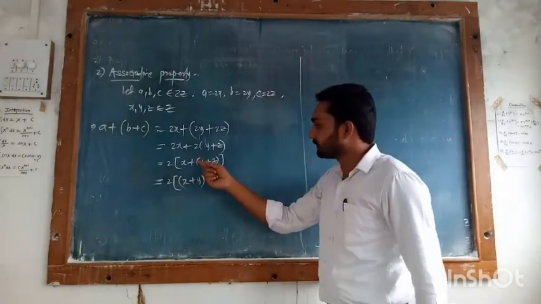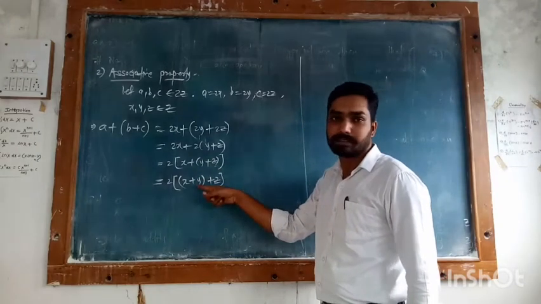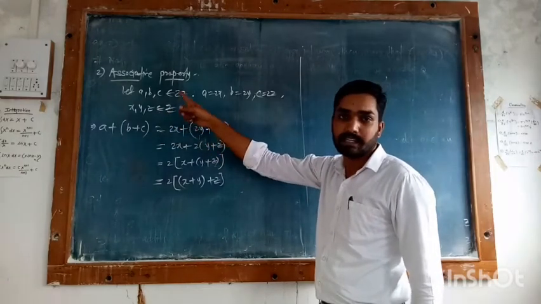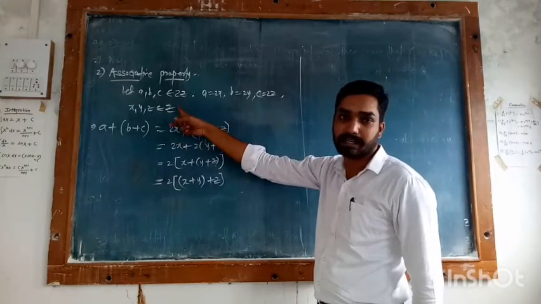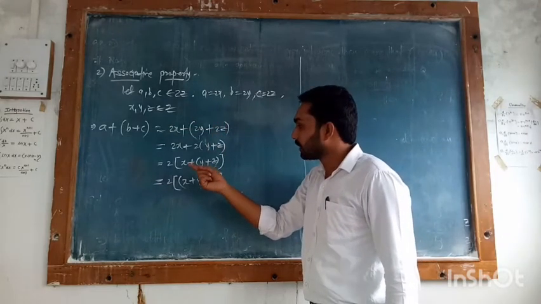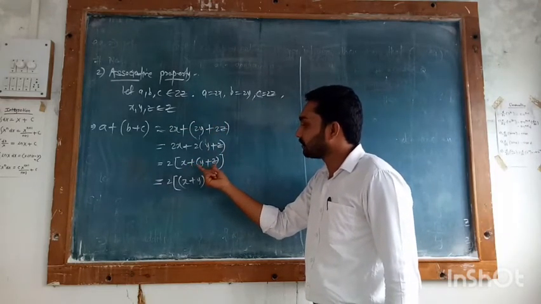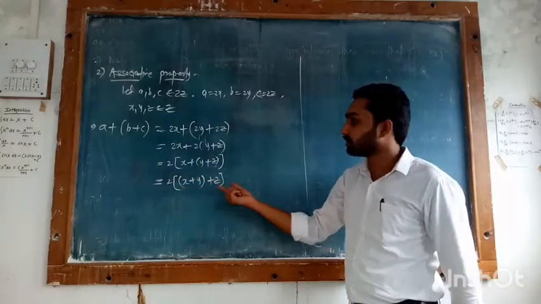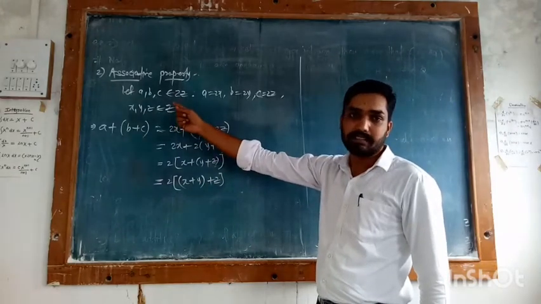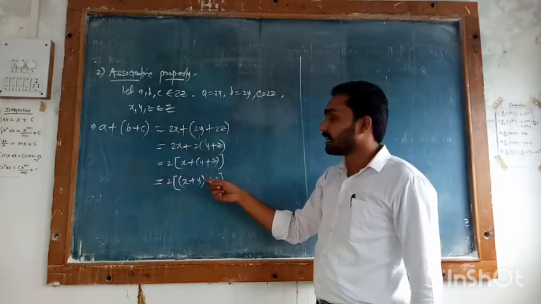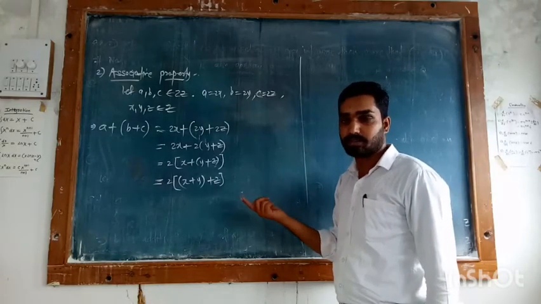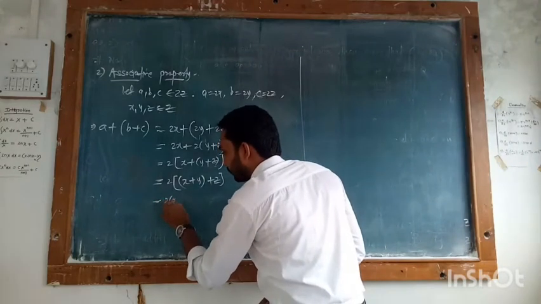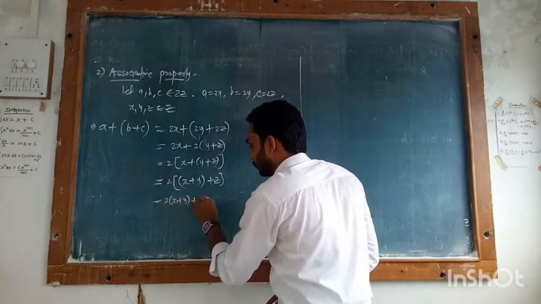Because x, y, z are members of the set of integers, and the set of integers is an abelian group, it satisfies the associative property. By using this associative property, we can derive directly as (x plus y) plus z, because x, y, z are members of capital Z, and capital Z with binary operation addition is an abelian group. So the next step, we distribute 2 inside the bracket: 2 into x plus y, plus 2 into z.